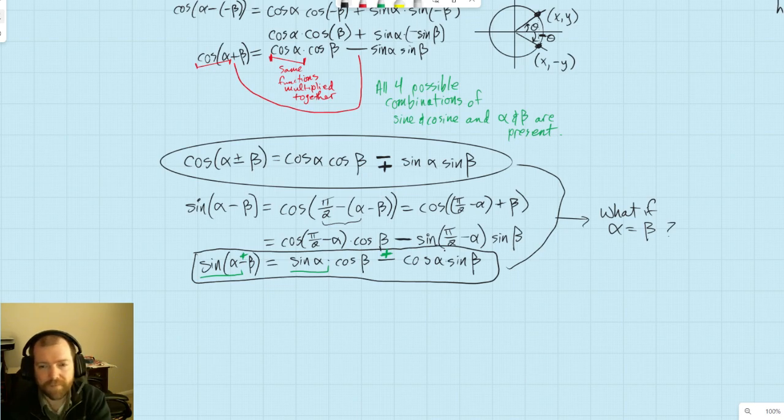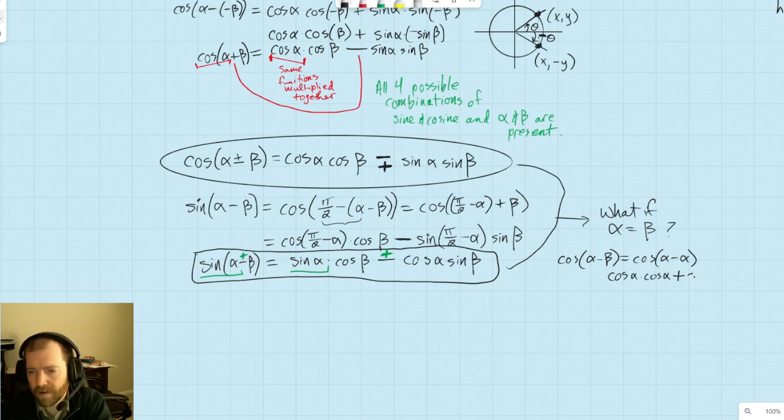Because again, cosine of alpha minus beta is going to be equal to the cosine of alpha minus alpha. So now we've got the cosine of alpha times the cosine of alpha. Minus here is plus down here. Sine alpha. Oh, look at that. It's the cosine squared of alpha plus the sine squared of alpha, which we better hope is 1.